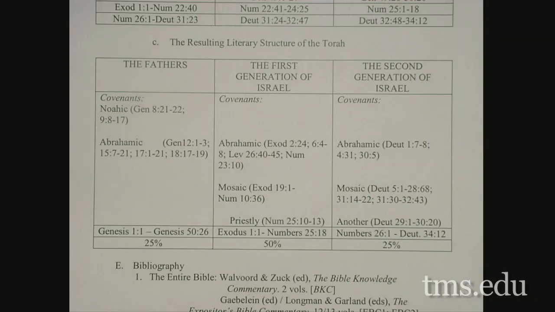This is the structure of the Torah and the emphases. And notice how the emphases are based upon these covenants that God made, the 4 covenants that we've spoken about, with another made, though not experienced, in Deuteronomy chapters 29 and 30. We'll come back to that because those are probably the most important 2 chapters in all of the Torah. But we'll continue at that point.